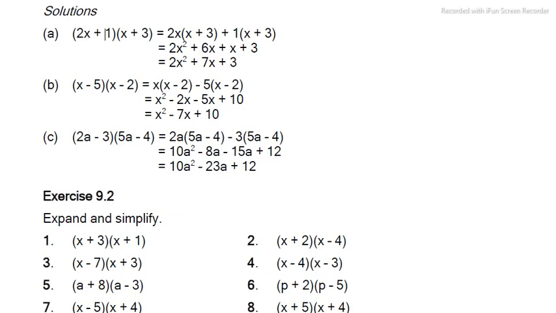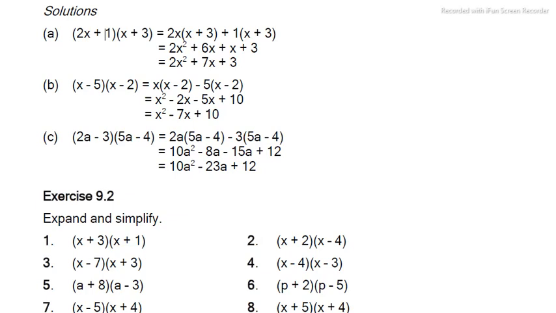Then we open the brackets to get x squared minus 2x minus 5x, and the negative multiplies the negative to get a positive. So it gives us positive 10. And the negative 2x together with the negative 5x are added up to get the negative 7x because they are like terms, they are the same. So our final answer becomes x squared minus 7x plus 10.